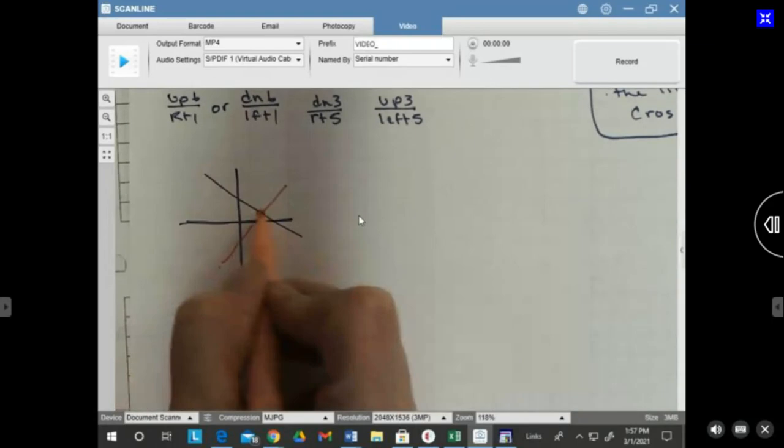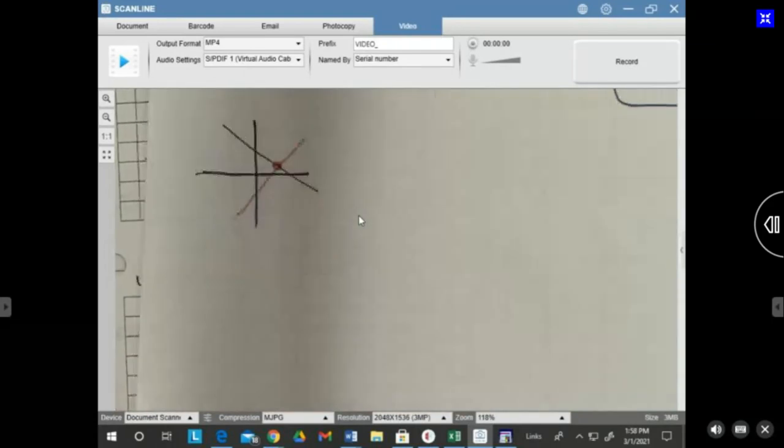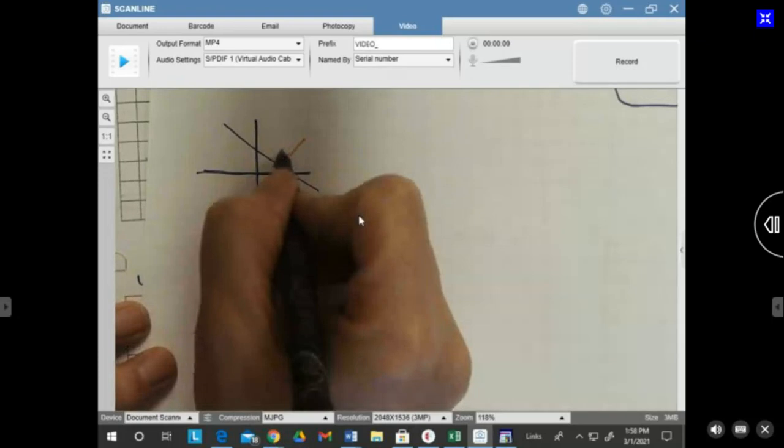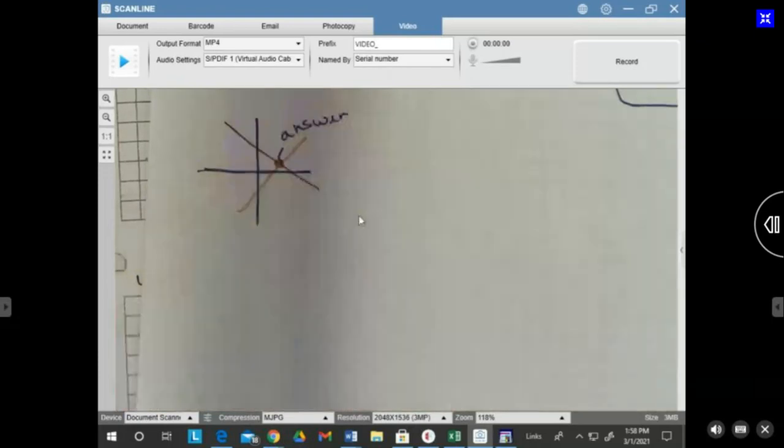That coordinate point, whatever that coordinate point may be, that's my answer. Okay? That's what I'm looking for, is where do those two lines intersect? That coordinate point right there is going to be my answer.